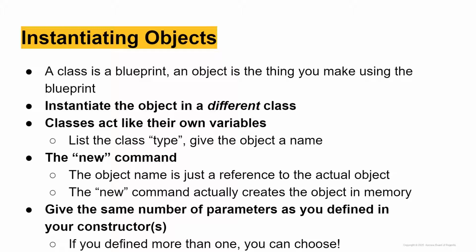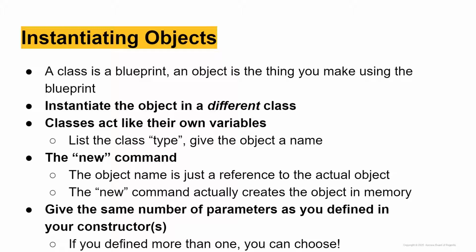You're going to list the class type and give the object a name, and then you're going to use the new keyword. The object name isn't actually the object itself. It's just a reference to the actual object. And this has to do with how these things are treated within the actual memory structure of the computer.